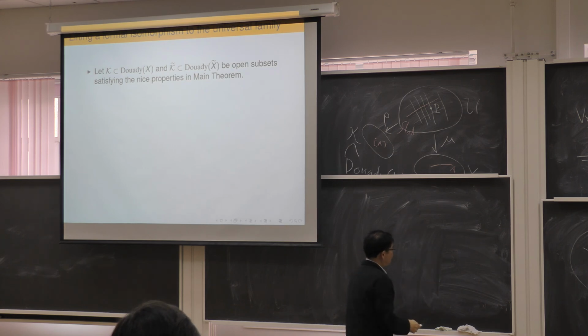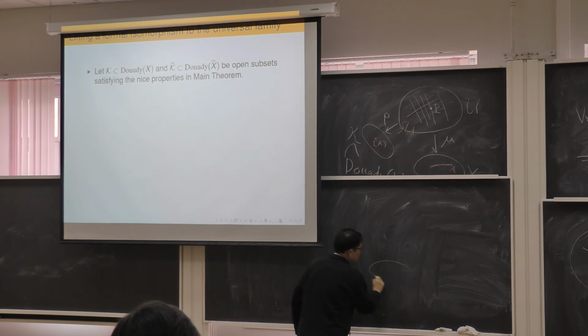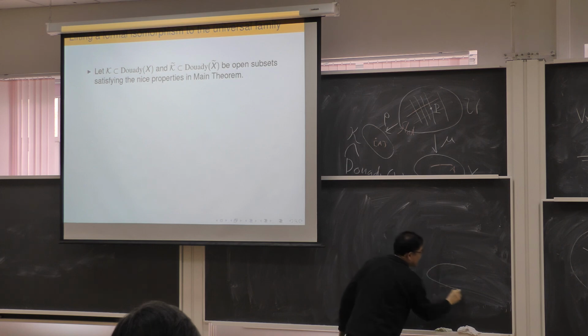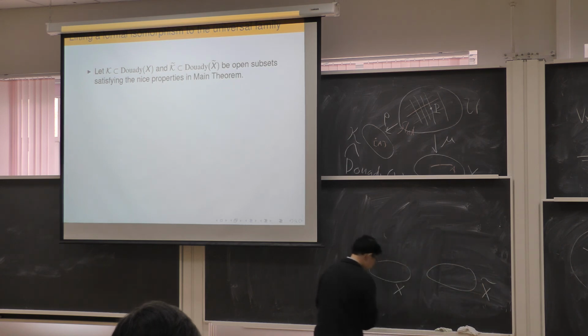So let's look at the problem. The problem is you are given two manifolds X and X tilde, and two submanifolds A and A tilde.